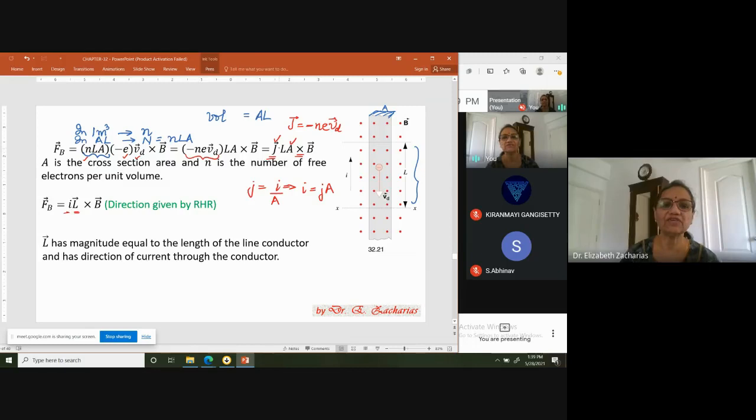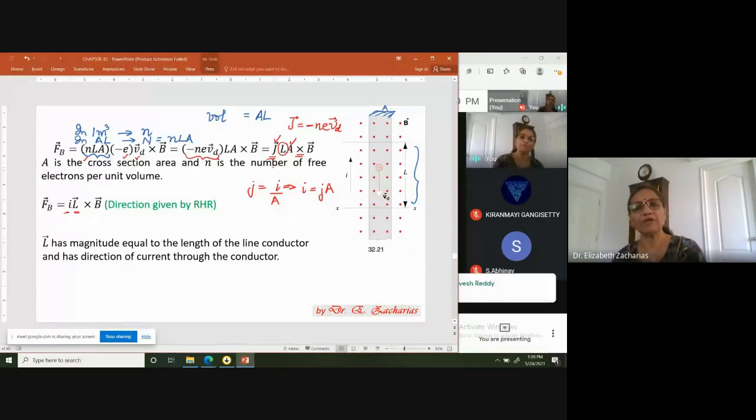Till here you see, L was not a vector. Your J was a vector. But now J is going to relinquish its directional property to L. And simply it's going to get multiplied by A and become current. Current I is J into A, which is a scalar quantity. So the direction is now shifted to L. Okay.